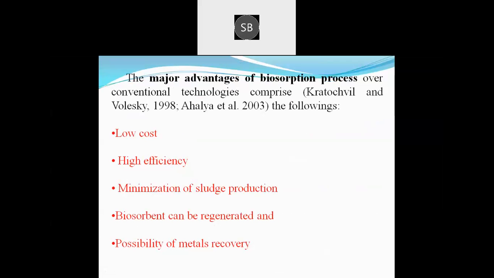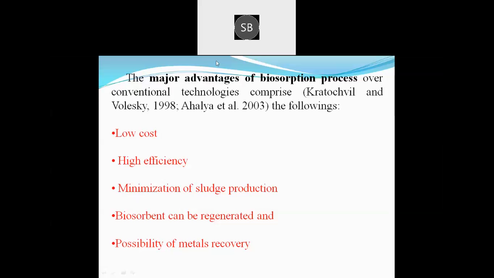So the major advantages of the biosorption process over conventional technologies or methods of removing heavy metals: this biosorption process is low cost, it is highly efficient, and it minimizes sludge production. In conventional technology, the removal of heavy metals produces a large amount of sludge. If we use biosorption, there will be a minimization of sludge production.